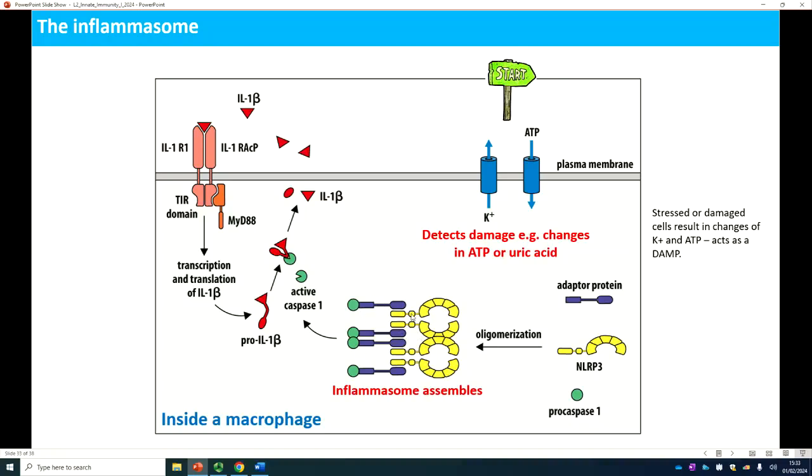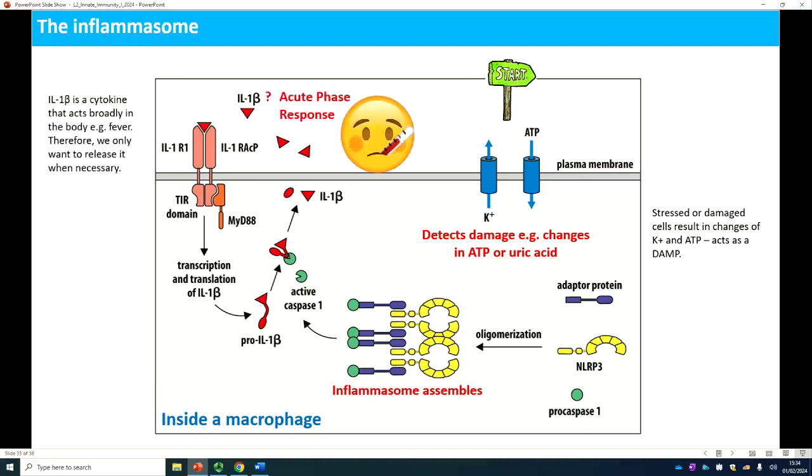Now, once we've got the formation of the inflammasome, we get release of active caspase 1. This active caspase 1 will be able to cleave pro-IL-1 beta. Pro-IL-1 beta is inactive. Once it's been cleaved by caspase 1, we'll get release of IL-1 beta, and IL-1 beta can be secreted.